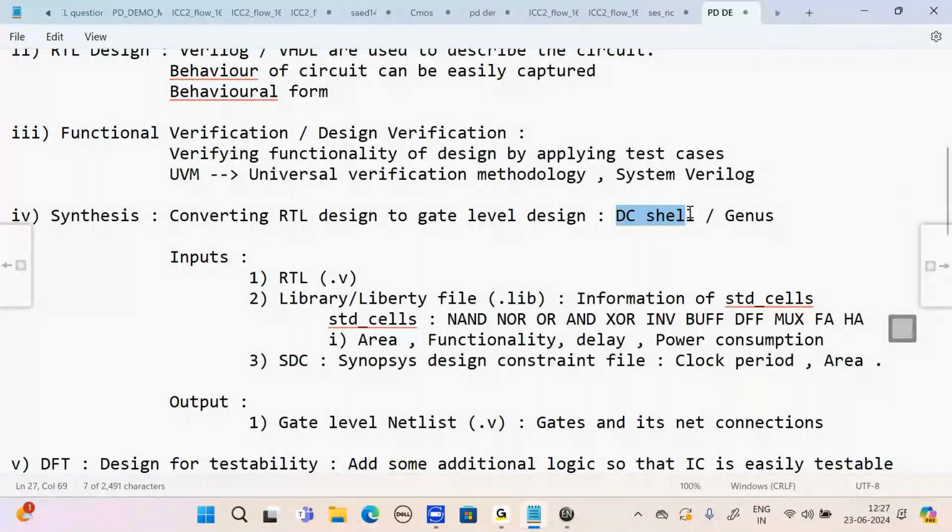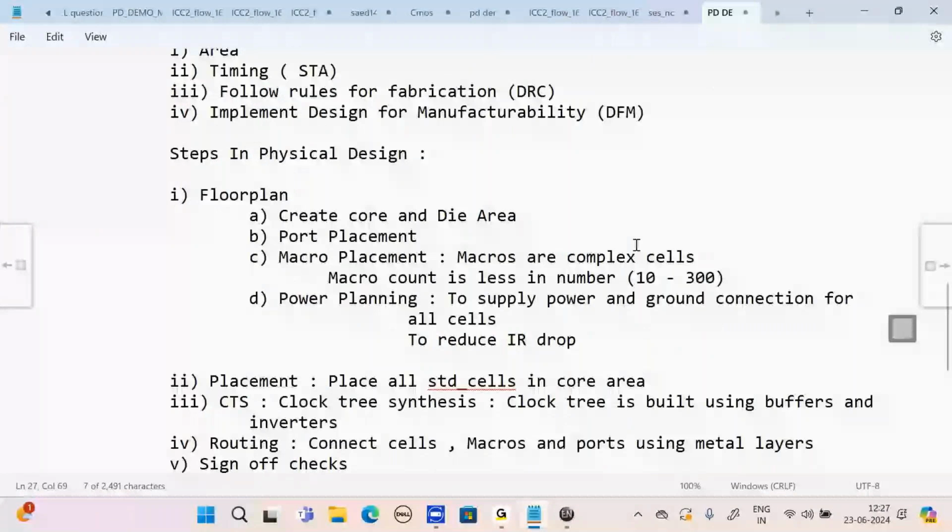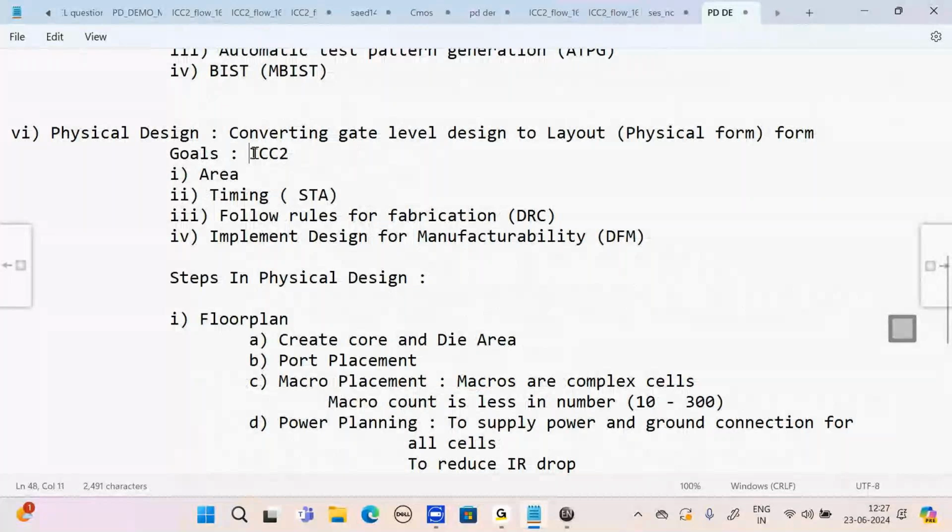So industry uses either Synopsys or Cadence. We are using Synopsys. A few industries may use even Genus. For physical design, we use ICC2. What is the equivalent in Cadence?